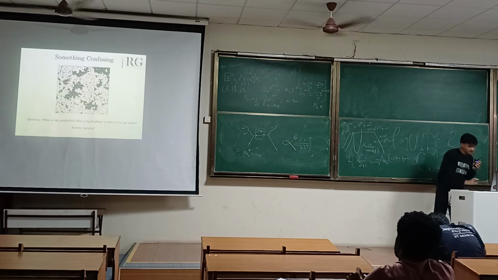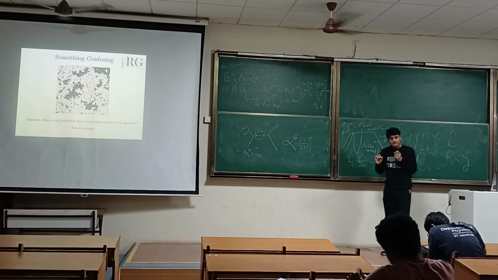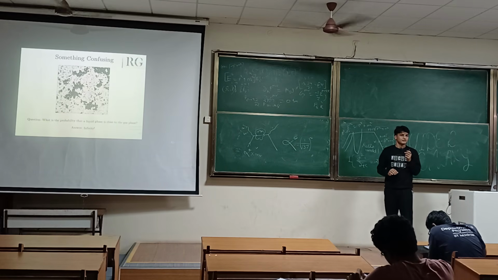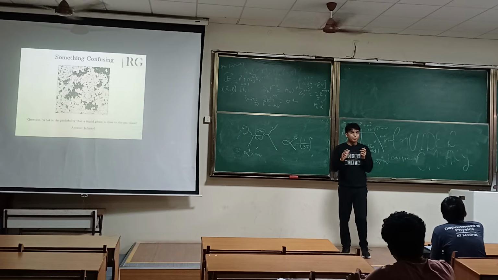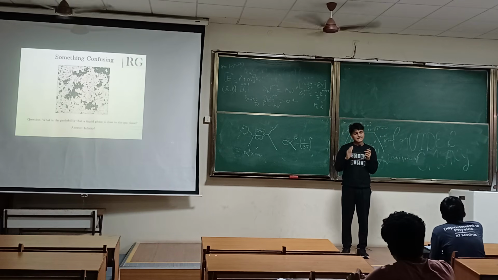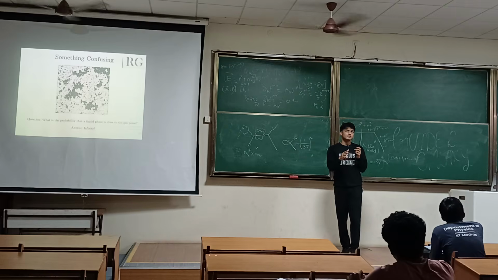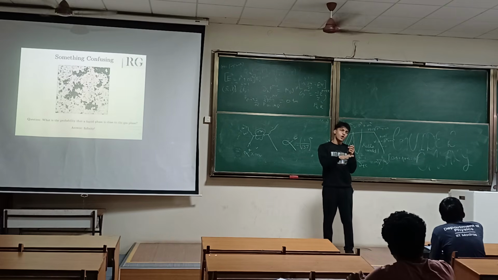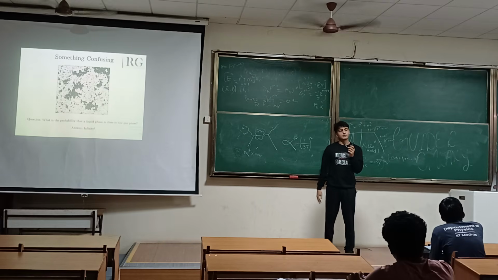Now, again RG comes. I'll ask you a simple question and I expect an answer. If you have a boiling water sample exactly at 100 degrees Celsius at atmospheric pressure, and I ask you what is the probability that it is close to water at 100 degrees Celsius, what can be the range of this probability?